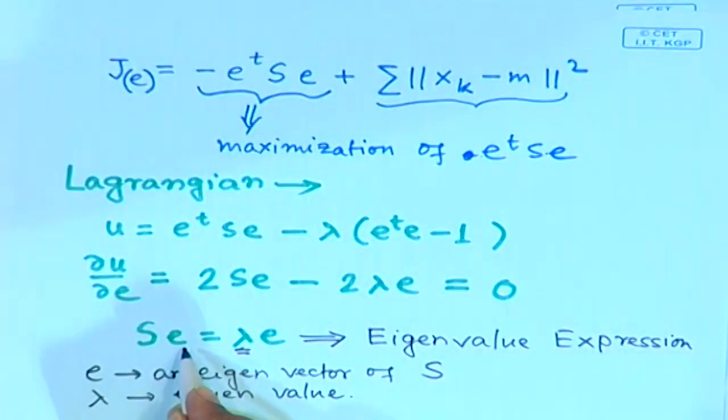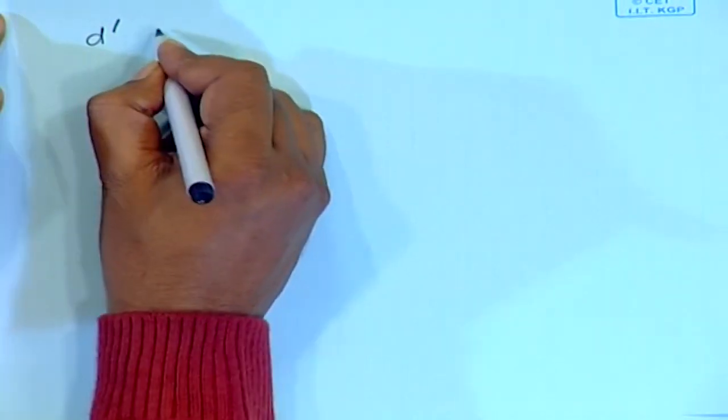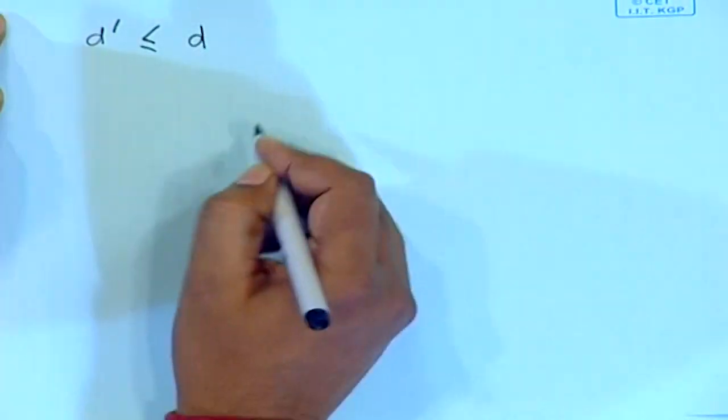Now, instead of considering only a single eigenvector, if I consider d prime eigenvectors, where d prime is less than or equal to d, corresponding to the d prime largest eigenvalues, then take the orthogonal projection of your d-dimensional feature vector onto those eigenvectors.